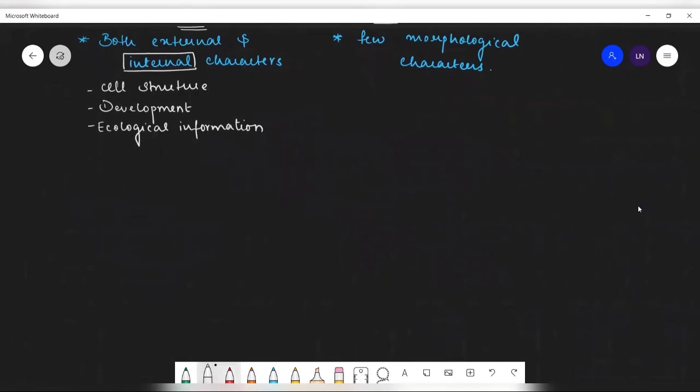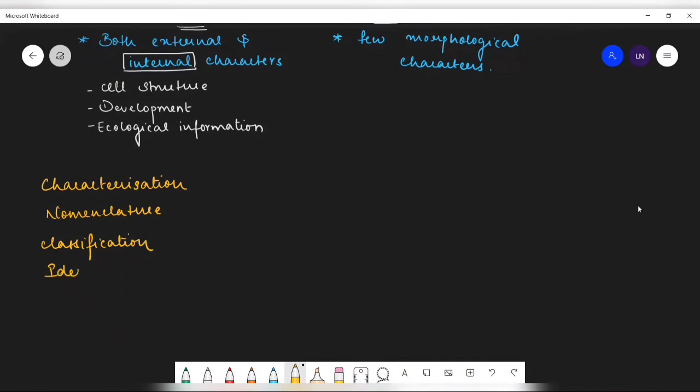Now, if you observe, what did I tell you? What is taxonomy? It is characterization, nomenclature, classification, and identification. These are the four things we basically do in taxonomy.